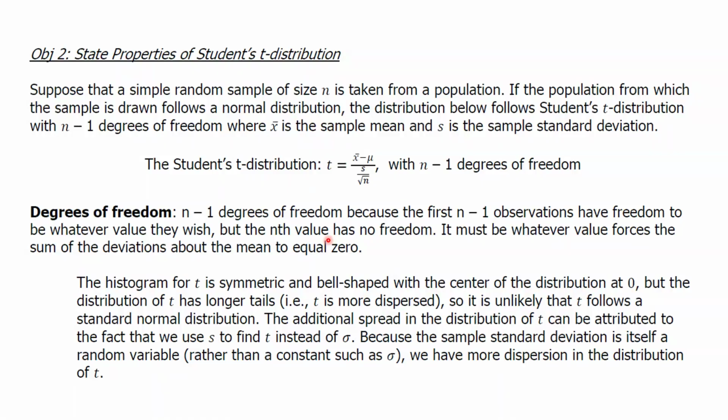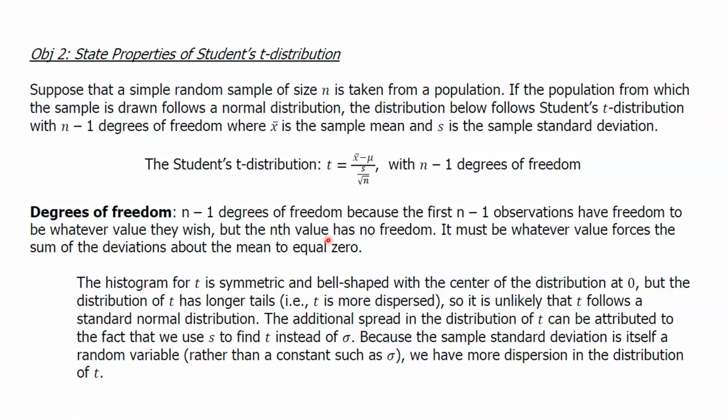A visual understanding of the t distribution is that the histogram for t is symmetric and bell-shaped, with the center of the distribution at 0, but the distribution of t has longer tails, which means t is more dispersed. So it's unlikely that t follows a standard normal distribution.